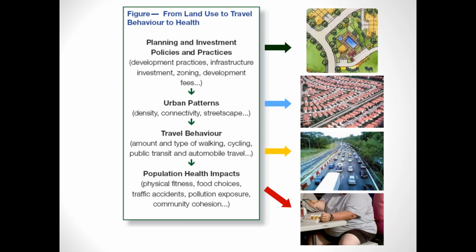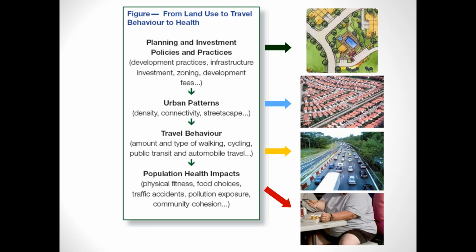So really we're looking from land use to travel behavior to health, and these are the different interventions that I think we're going to be discussing over the series of workshops. Planning investment really focuses on policies and practices: development practices, infrastructure investment, zoning, development fees.